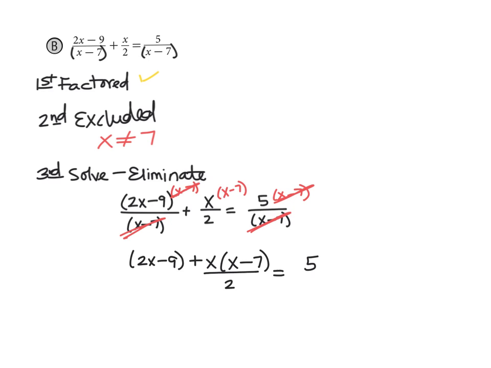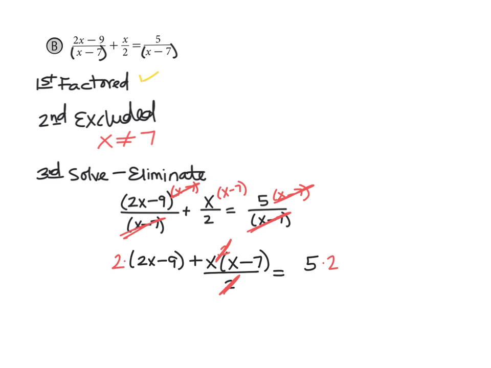All right, now I've got another step where I need to eliminate this 2 denominator. So I'm going to have to multiply every single thing by 2. In the middle here, again, my multiply by 2 and divide by 2 are going to cancel each other.